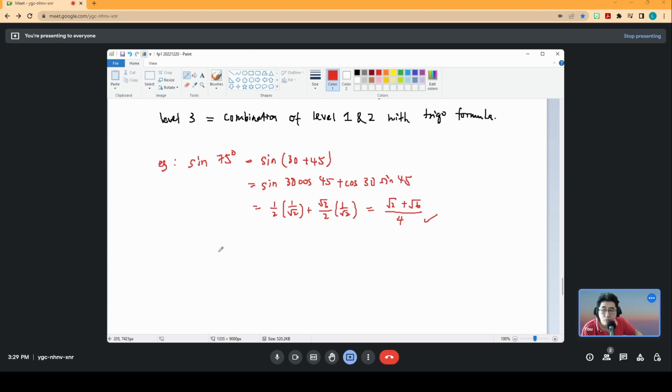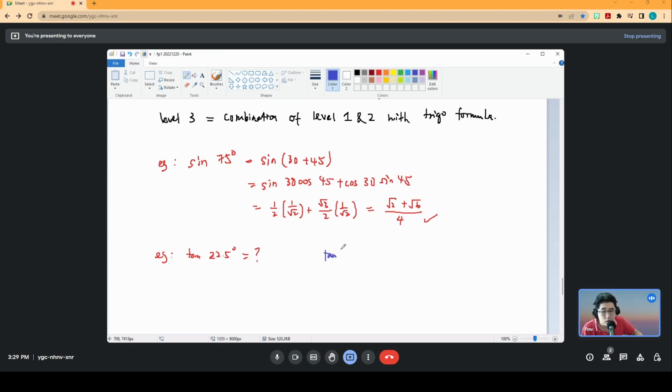Another one that we can deal with is maybe tangent of 22.5 degree. What exactly is this value? First of all, 22.5 is related to 45 degree, so we can write it in the form of half angle.